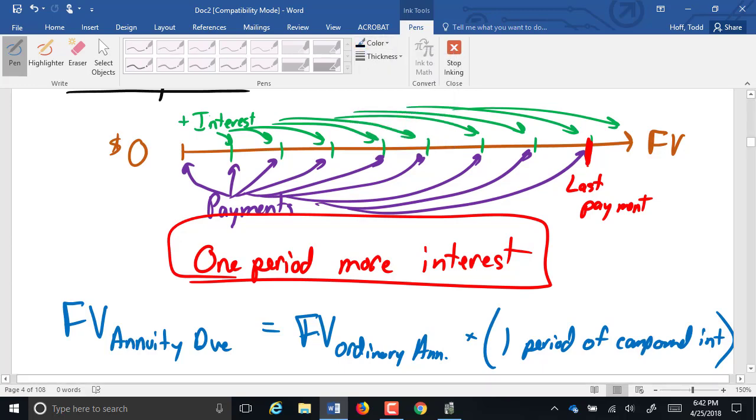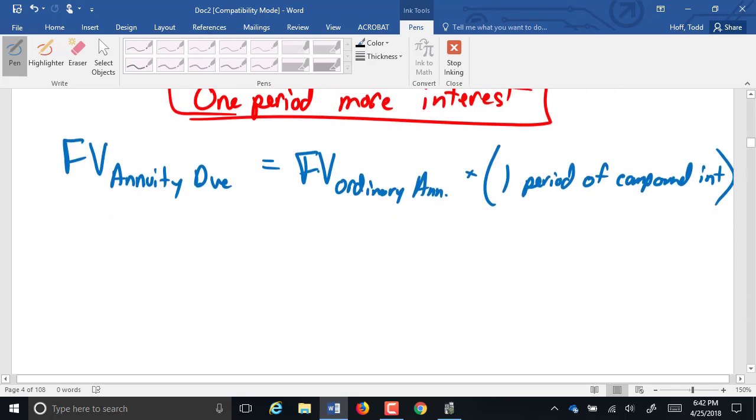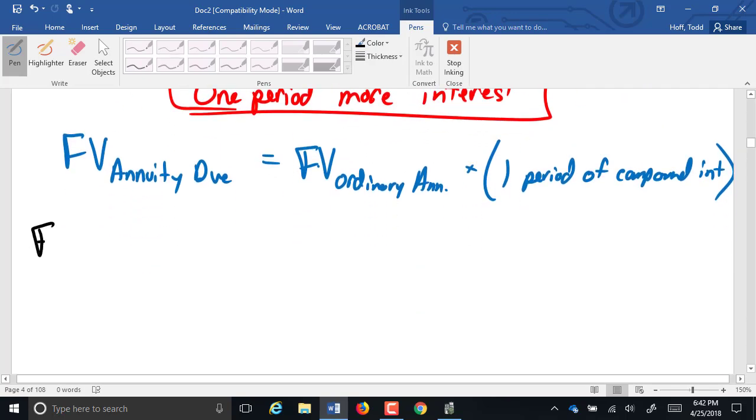Let me show you what I mean. So the future value, AD, stands for annuity due, is equal to that payment again. Now the next part here is going to look very, very familiar.